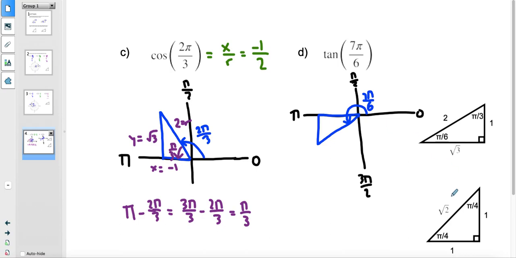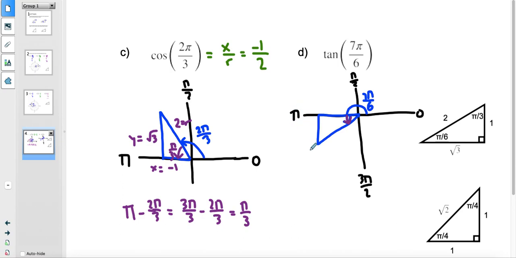And now, to figure out which special triangle I have to use, I'm going to have to figure out what this angle is. Well, in order to figure out what this angle is, we need to figure out how much bigger this angle, 7 pi over 6, is compared to pi.